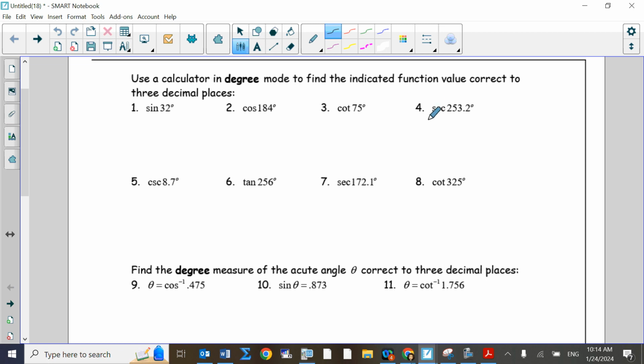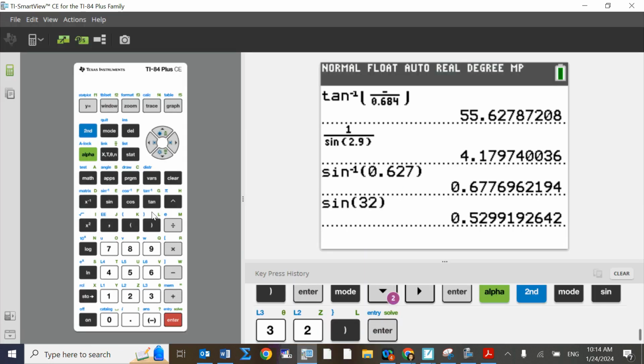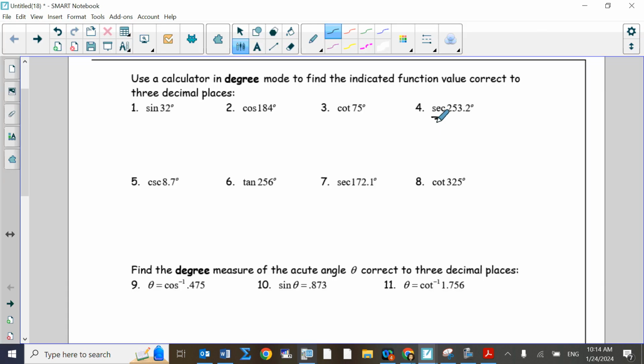Next, let's find this one, secant of this angle. As you see, we don't have the function of secant on the calculator, but we know that secant is reciprocal of cosine. So if you find 1 over cosine of 253.2, that's going to be the answer of this question.